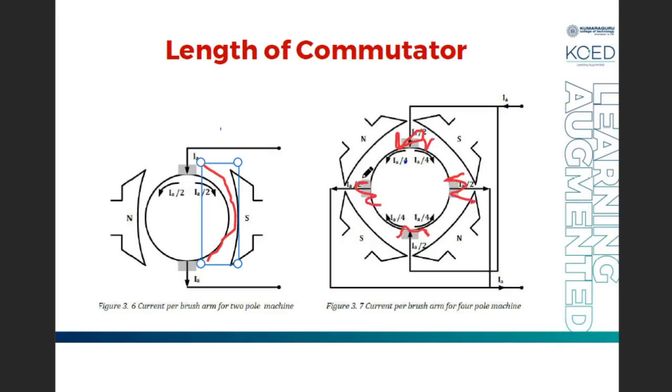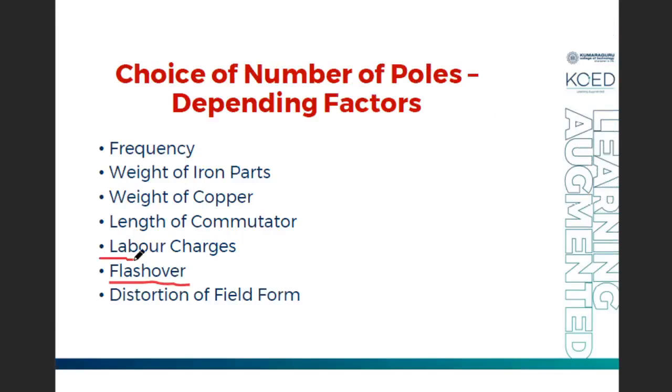There is a chance that all the sparks might get connected in the air, and that is what we call a flashover. So far we have seen the advantages of having a larger number of poles. Now we are seeing the first disadvantage: with an increase in the number of poles, there is a chance of flashover to occur.